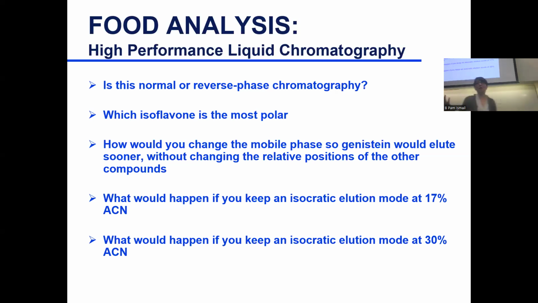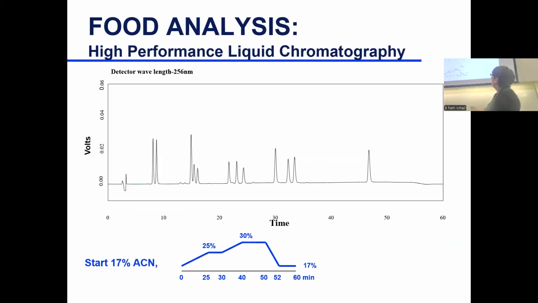Because now you're not increasing the strength of the mobile phase. It's just going to take forever. You just sit there and wait. And not only that, you might lose the resolution because these here are very close to each other, and your peaks will widen because they will diffuse inside the column and then they will overlap.